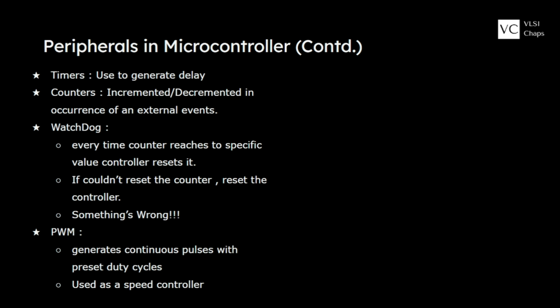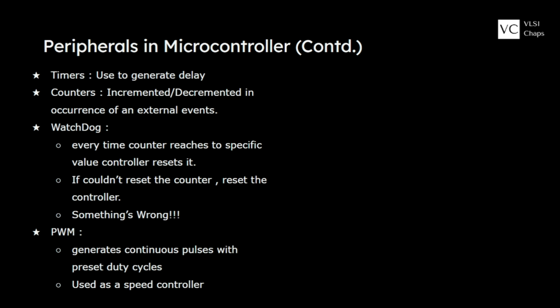So I can write an algorithm that once the counter of 25,000 pulses is reached, I will have 5 seconds of delay, and that way I can perform the next task, which is to turn off the LED. So this is how timers and counters combine together and work toward a particular outcome.